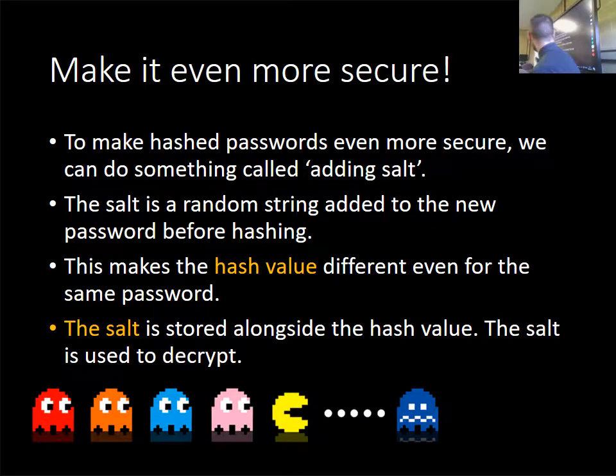So you can make it even more secure by using hashing, but there's something called salt that you can add to it. What salt does is add a random string to the end of it, so it complicates it even more. So this makes the hash value different to the same password, but like with the dictionary, you have to have the salt word stored somewhere. So you've got your password, and you add the salt value on the end.